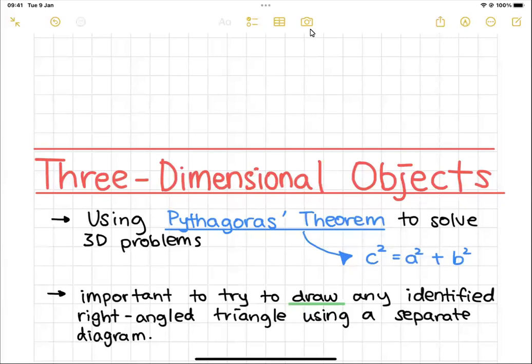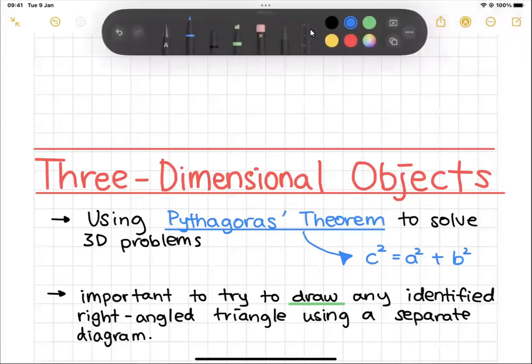The reason we're using Pythagoras theorem is because it deals with right angle triangles, so it'll be helpful for solving 3D problems. As I said before, which I haven't written down here, we're also going to be using SOHCAHTOA. So that's my first dot point.